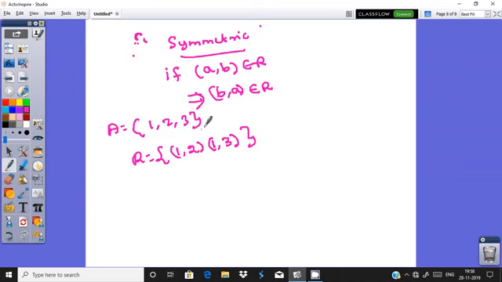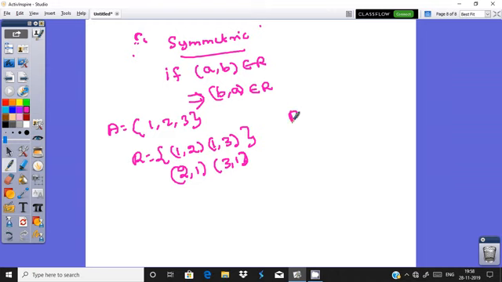The condition says that if there is (a, b), then you should have the equivalent pair. If (1, 2) exists, then you should have (2, 1), and if (1, 3) exists, you should have (3, 1). If these cases exist, then it is called a symmetric relation.